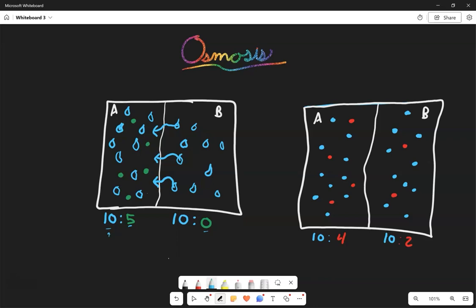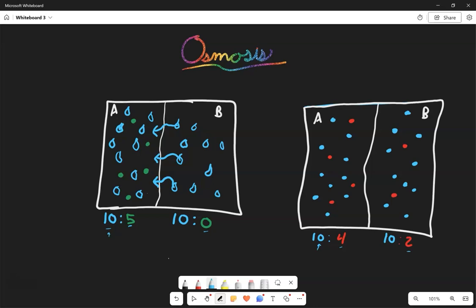Only the blue can move. Only water can move across this membrane because it's selectively permeable. Okay, so if I can't change this number here, what do I have to do? I have to increase this number, right? So I have to bring that to 20 to 4, right, to be equal to 10 to 2.